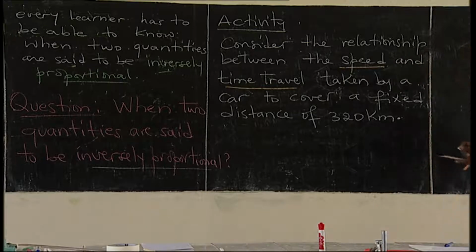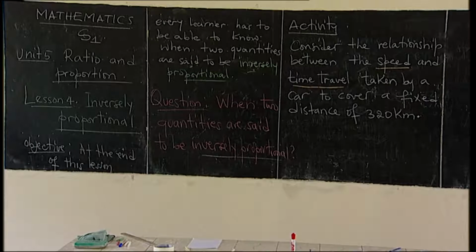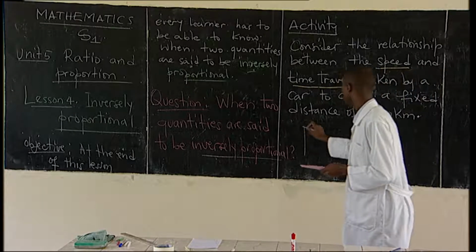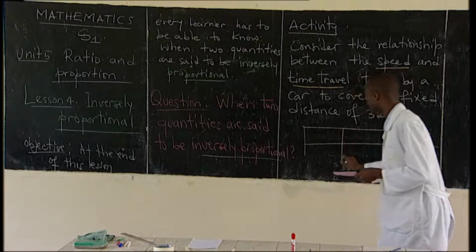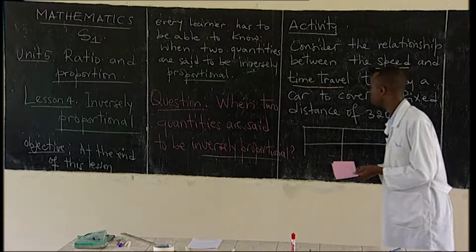Do you look at this activity? We consider the relationship between two quantities. Quantity number one is speed, and the other quantity is time travel, taken by a car to cover a fixed distance of 320 kilometers. So, look at this table. We have quantity number one, which is speed.